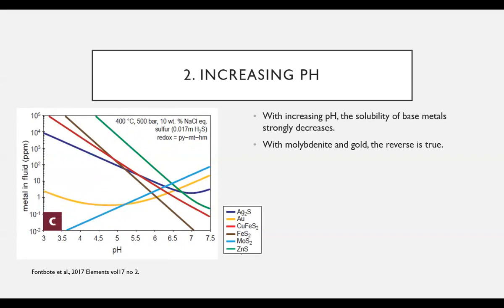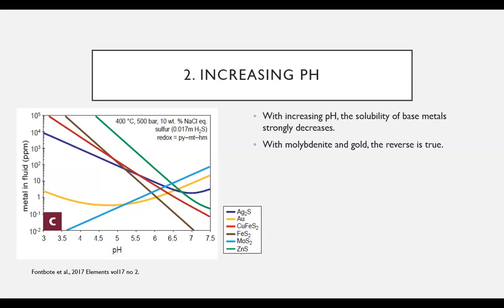Another one is increasing pH. So this time we have quite distinct behavior with things like the base metals. Solubility strongly decreases with increasing pH. So they're much happier in low pH fluids. And so if we can somehow change that pH of the fluid and increase it, we might lead to the deposition of those metals.